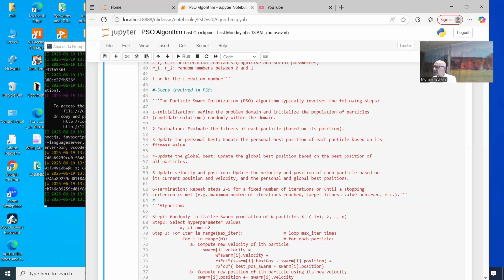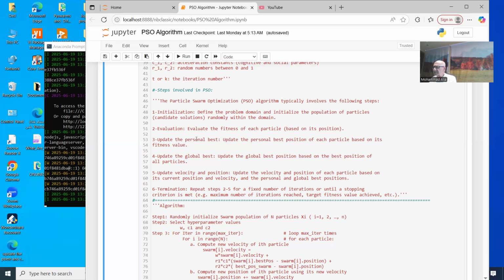This creation must be done randomly within the domain. Also, we have to randomly initialize the values of velocities for each particle. This is the first step.